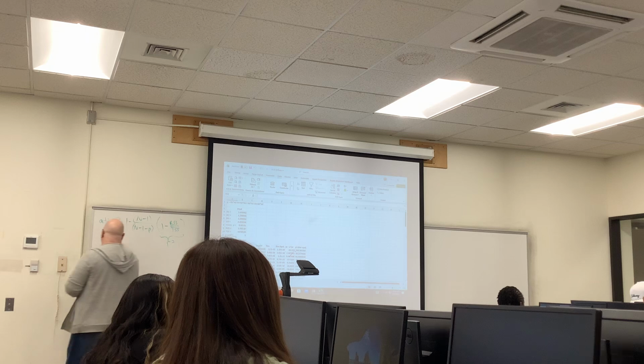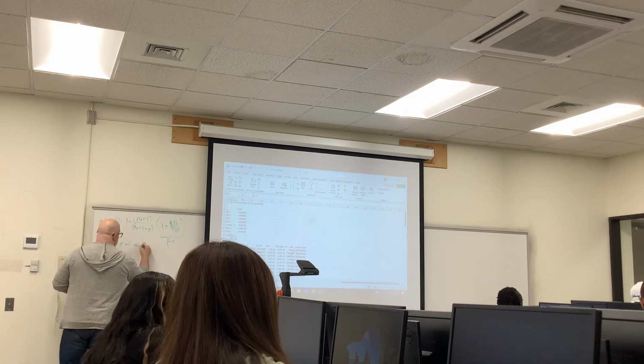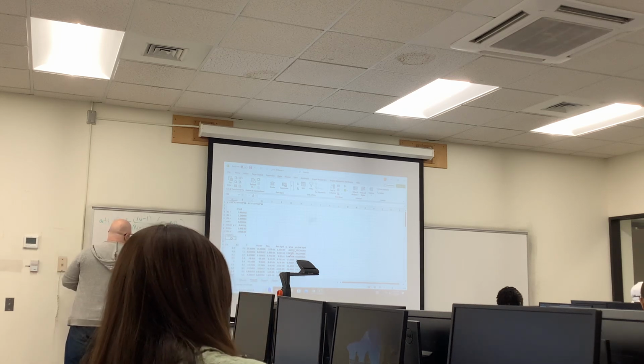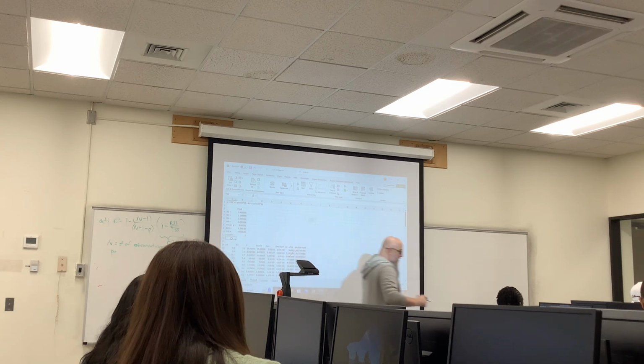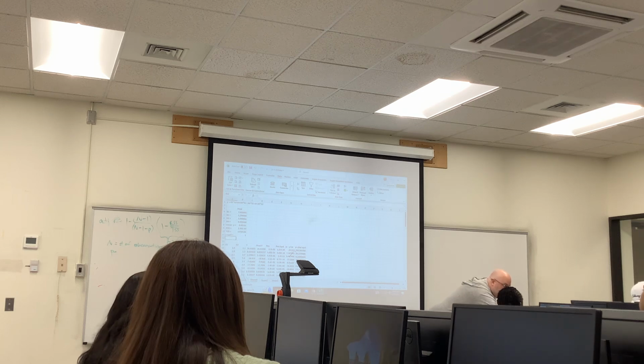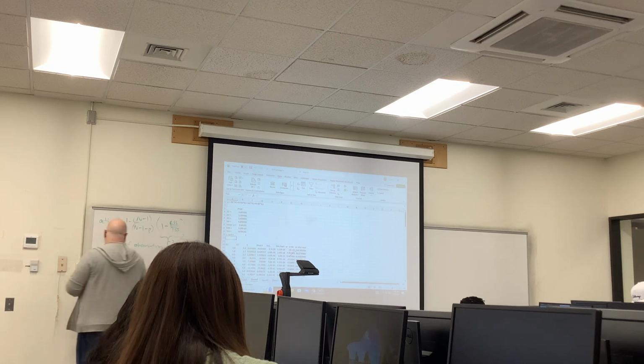N is the number of observations that you're measuring, and p is the number of parameters. I want to make sure I use the common terminology, so let me verify this before I say it. It's the number of regression variables.